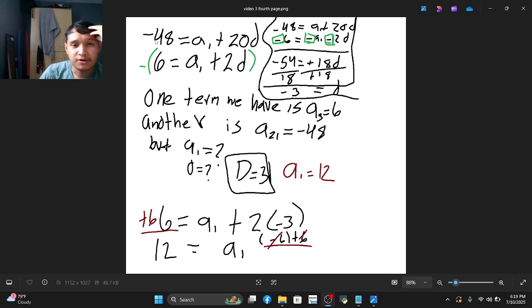We got negative 48, we want to find the negative 48 term of this arithmetic sequence. And we also want to find the negative 6 term of this arithmetic sequence.